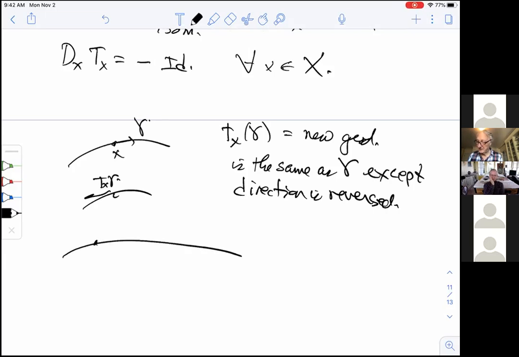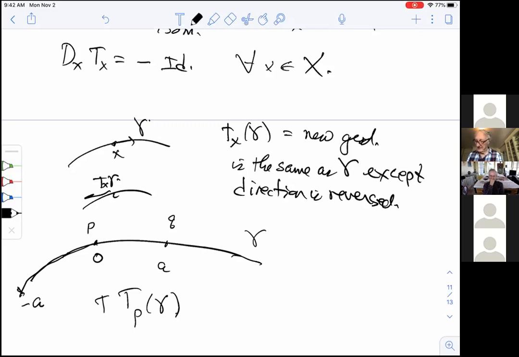Suppose you have a geodesic whose value at 0 is P and whose value at a is Q. Suppose you take T_P of gamma. So you invert gamma at P, you get the same geodesic, but now you move back to -a, because this thing is flipped over.